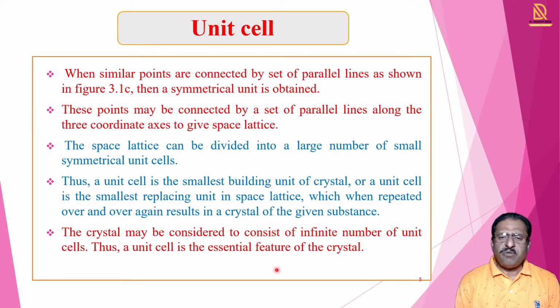So when these similar points are connected by a set of parallel lines, we say that symmetrical units are obtained. These points may be connected by a set of parallel lines in a three-dimensional structure, along the three coordinate axes, and then it gives a space lattice.